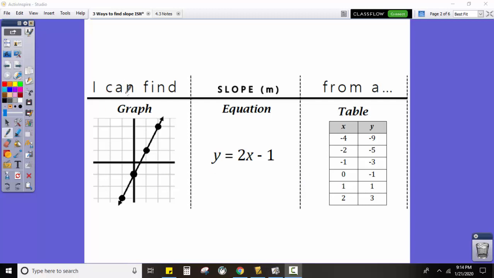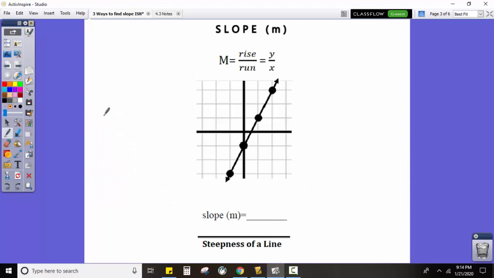So first flap we're going to look at is finding slope on a graph. On a graph, remember slope is the letter M, and we find slope on a graph by finding the rise over the run between any 2 points. So for example, I could pick this last point all the way to the first point.